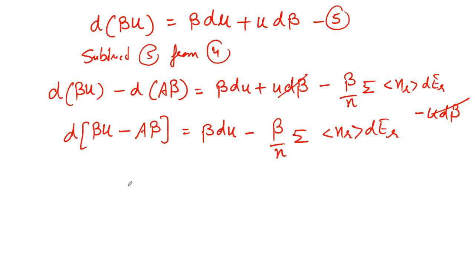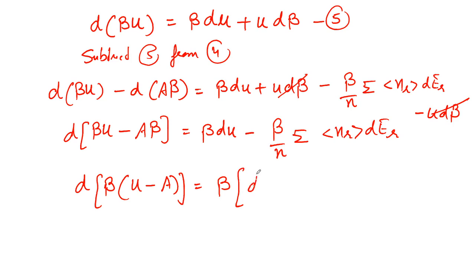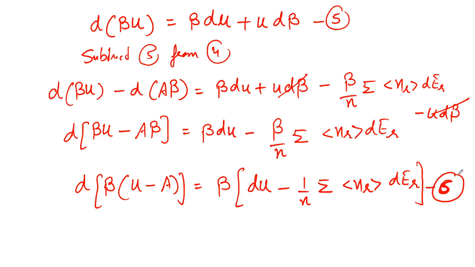So this I can write as, taking beta as common, d(βU minus βA) is equal to beta times dU minus 1 over N summation of Nr into dEr. Now this equation has quite some importance in thermodynamics. So let us say this is our equation number 6.